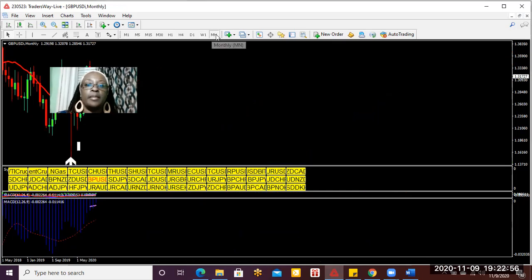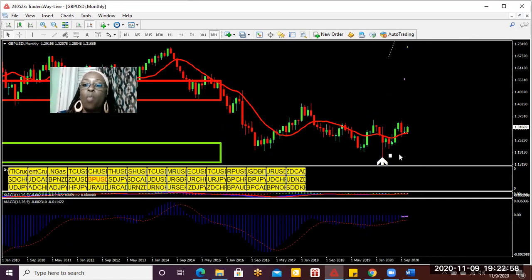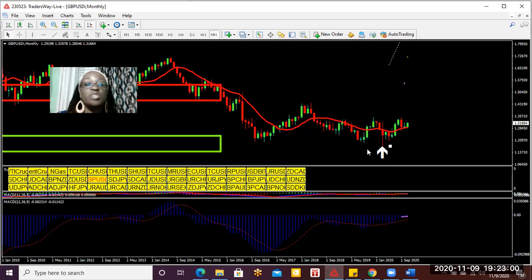Let's go up a time frame higher. Let's go to the monthly. Now, the monthly, voila, the monthly is bullish. So on GU, the overall direction is bullish, and that is the strongest momentum that you're going to get on GU because the overall trend is bullish.